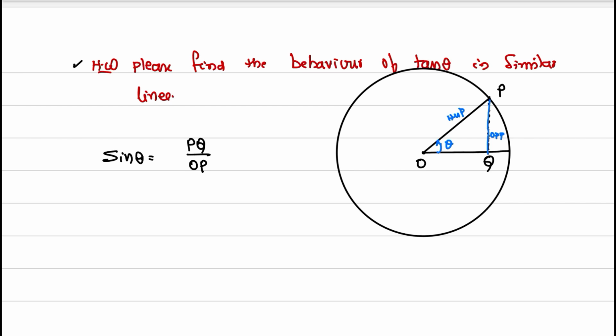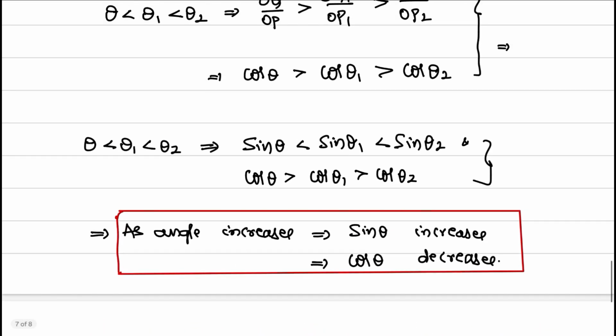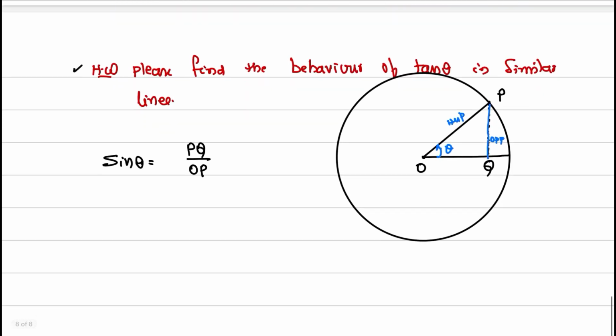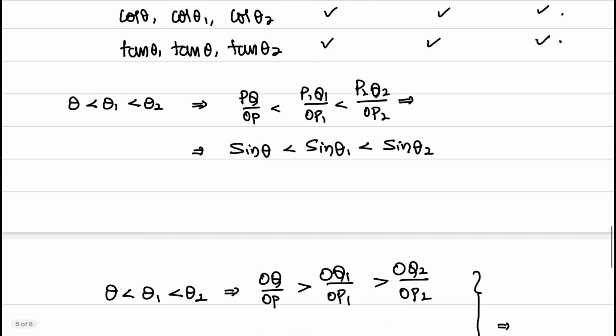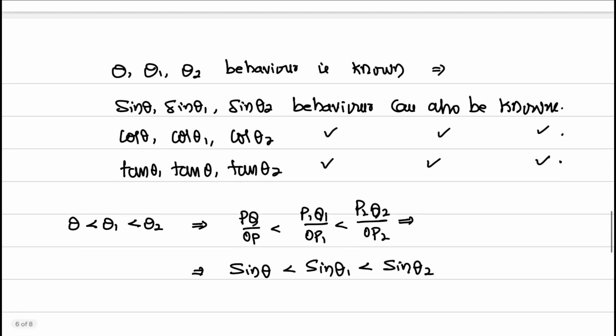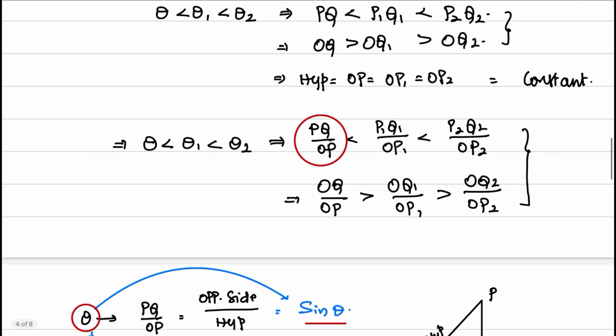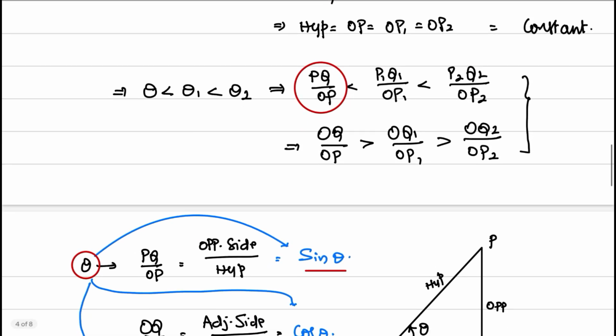As theta increases, what happens to sin theta? PQ increases. We have seen. As theta increases, PQ increases.